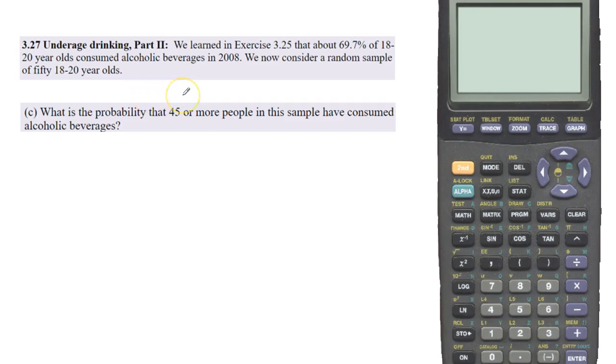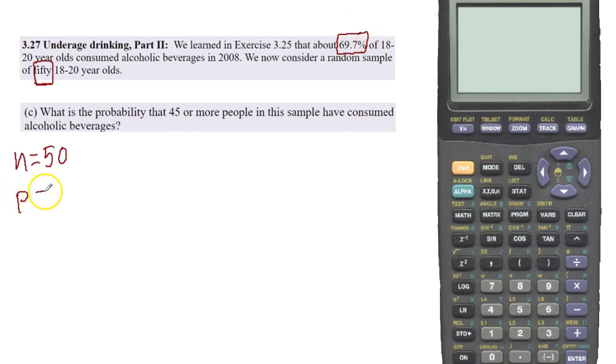So this question is asking, what is the probability that 45 or more people in the sample has consumed alcoholic beverages? So first, let's identify the N, the sample size, and it mentions here that the N is 50. So N equals 50. And then we have P right here.